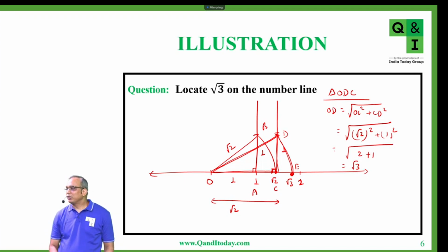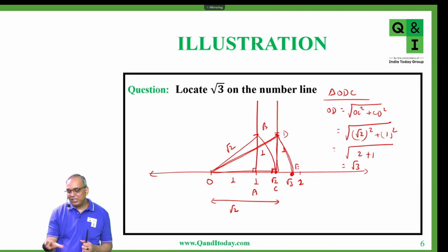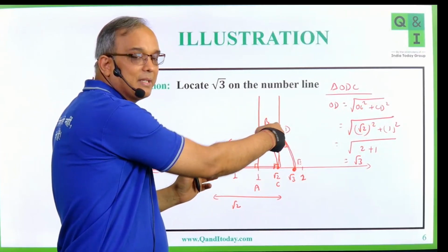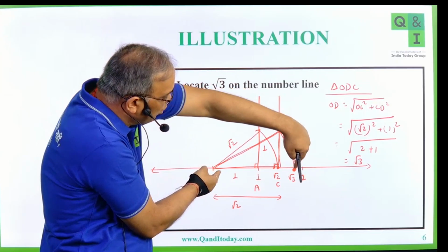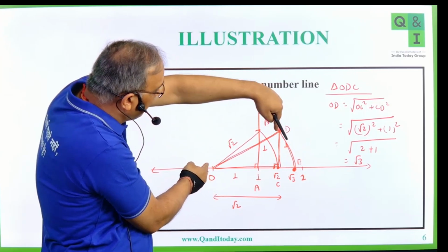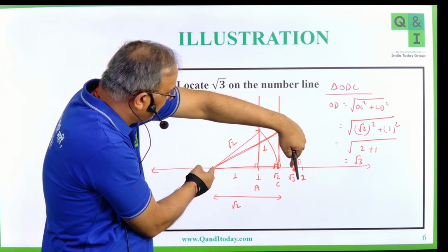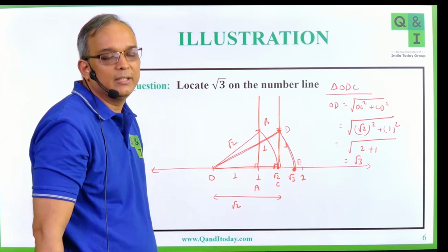Okay. So now coming to the question which Francis had asked, that can we use divider here? I'll tell you how to do that. If I have a divider and I have measured from O to D, right? Now this is same as OE. The length will be same. So I mark it OD here and then trace that on the horizontal number line, you will get that point OE.